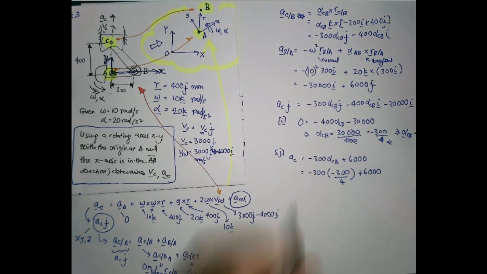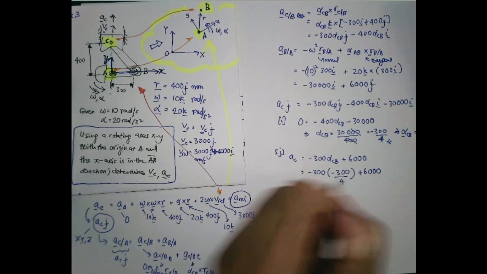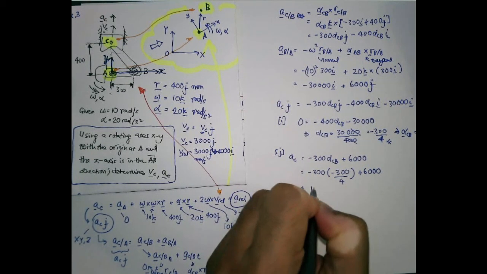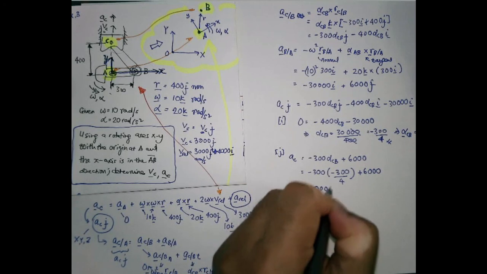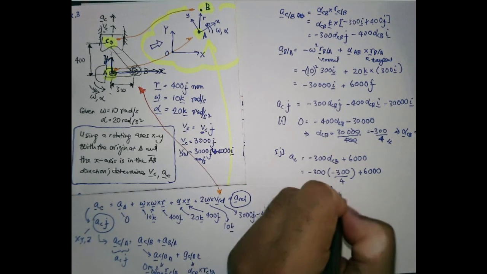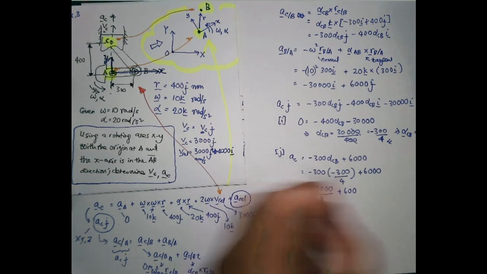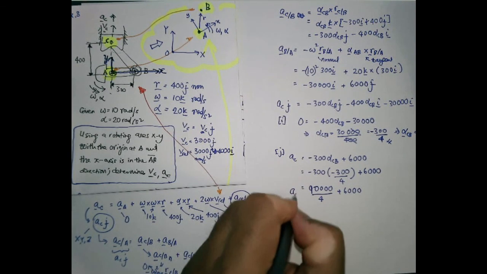Alpha CB is minus 300 over 4, so minus 300 times minus 300 over 4, plus 6,000. That gives us 9 with 4 zeros, divided by 4, plus 6,000. So that's your AC.